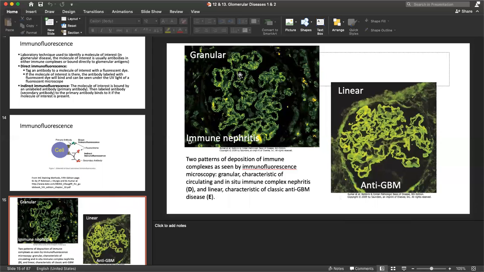Granular, it's almost like little dots everywhere, with almost portions missing. So immune nephritis, which we'll talk about, is an example of granular, and anti-GBM is going to be an example of linear. So don't worry, we'll talk about it. We'll see these pictures again.